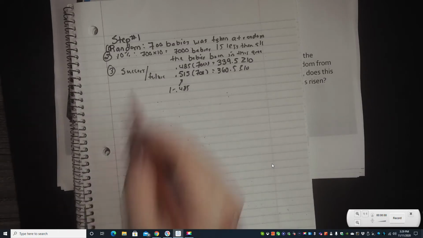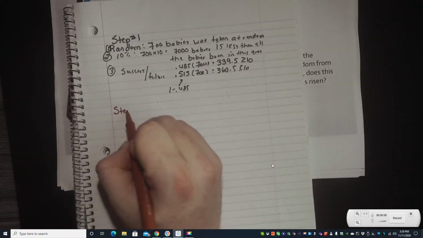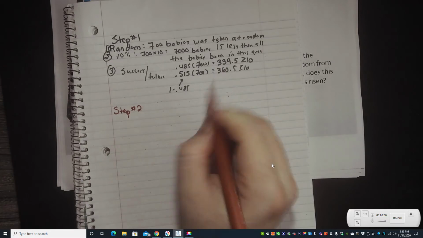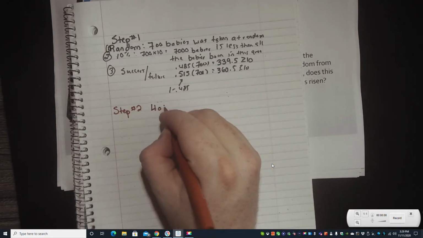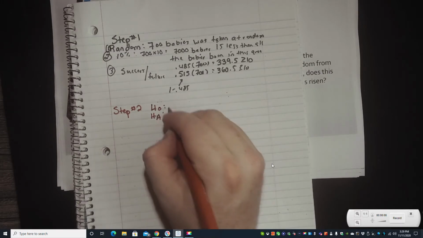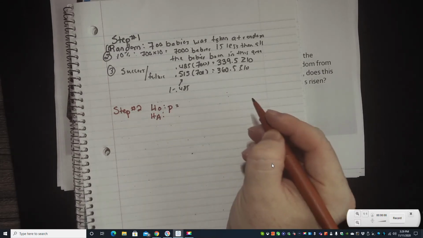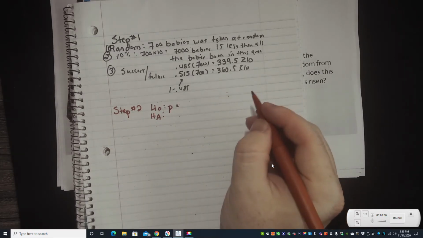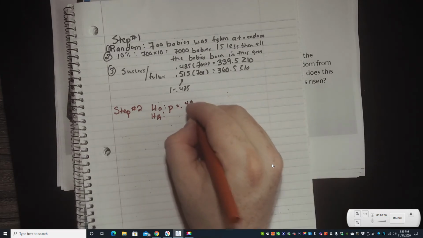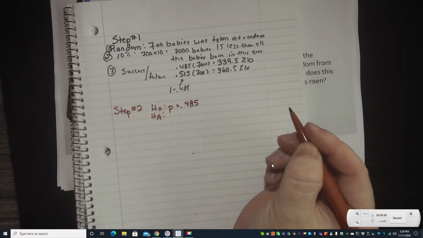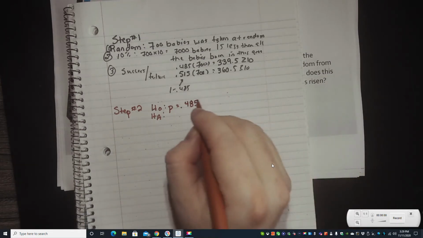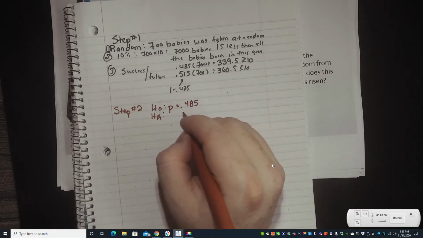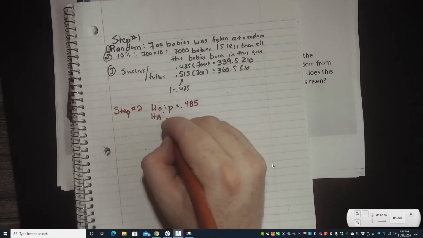And so now I have step 2. Remember, I have 2 arguments. I have the null, and I have the alternative. The null states that 0.485 is the average for the population, or really it's the average proportion, but that's the same thing.